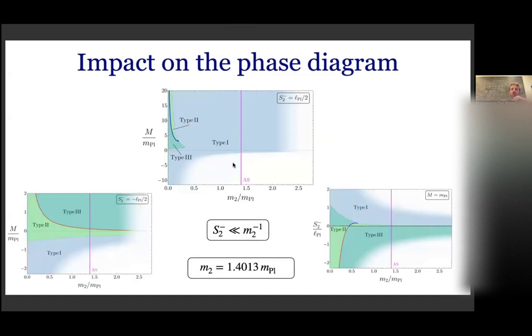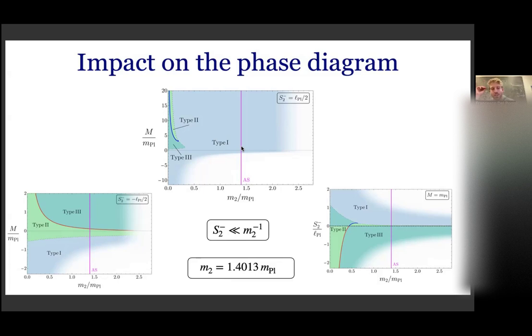Let us see a couple more plots, because in this case I think the picture is more apparent, in some sense, because instead of taking a section of M and S2 minus, here we took a section at constant S2 minus or at constant M, and you exactly see what I was telling you: if you fix S2 minus to be positive, of the order of the Planck length, you are excluding by quantum gravity all kinds of solution but type 1.